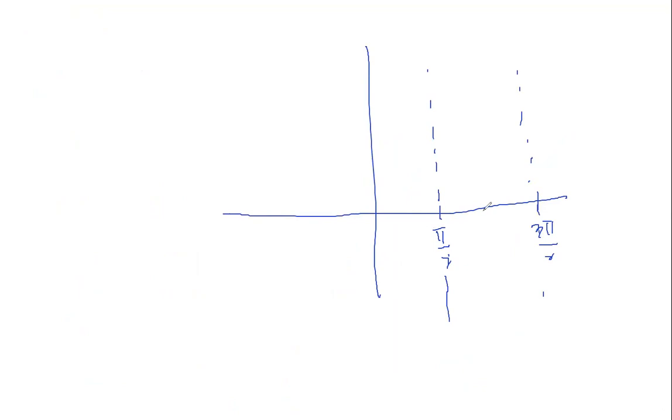All right, and this is pi, and this is pi over 4. This is pi, so the graph will look like this and like this, something like that. And if this is 1, now the points here should be this and this.